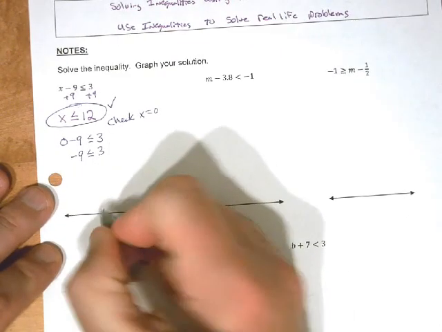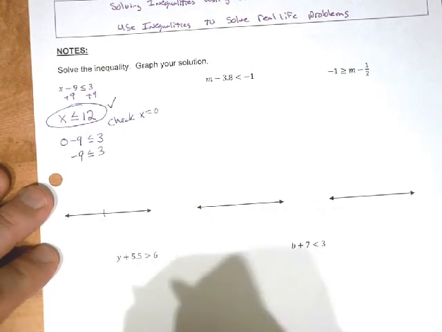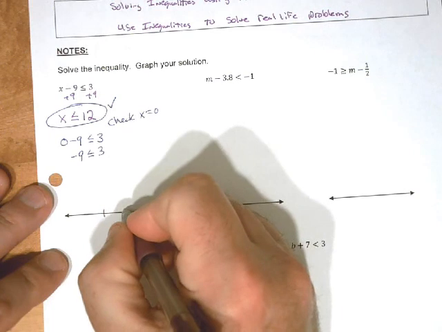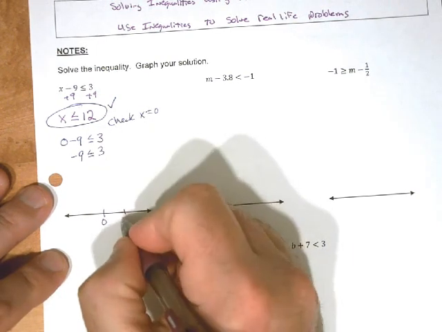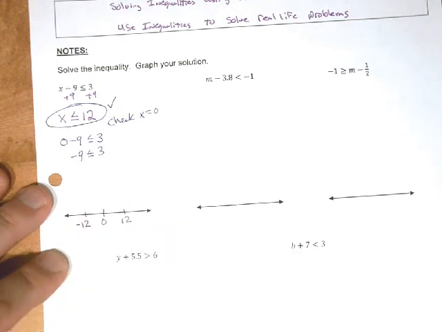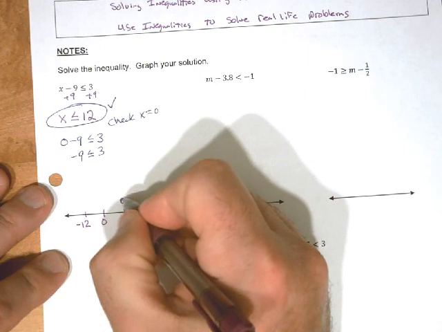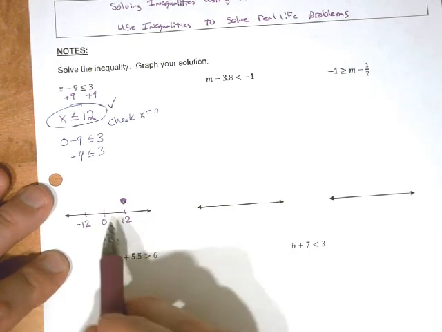Again, my little cheats. Mr. Bertel or Mr. Inch might want you to do this a different way, maybe graphing it. But for me, I'm going to put 0 down and then my two answers, 12 and minus 12. We're at 12 with an equal sign, so that means fill it in. I always like to do them above.